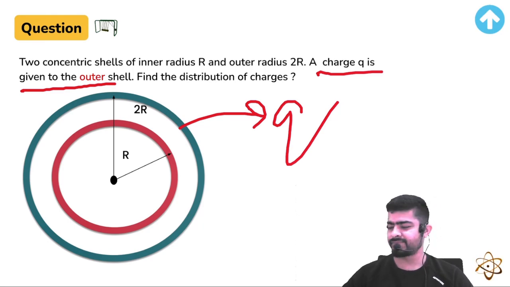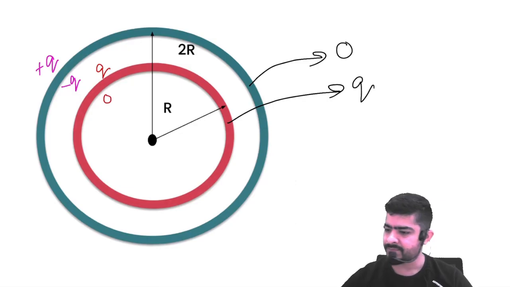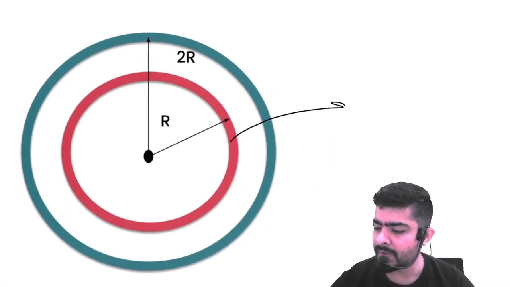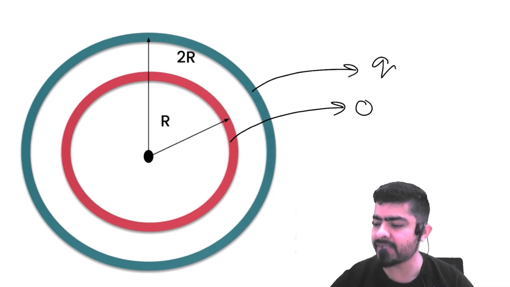Shall I explain? Okay. So now again we are given that this is charge 0, this is charge q.